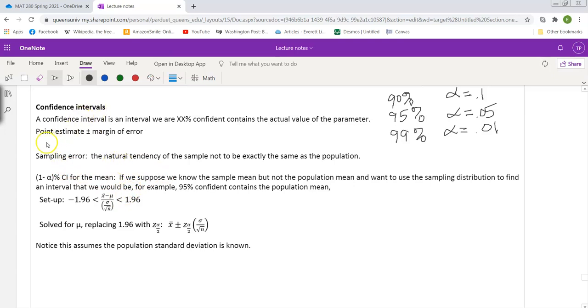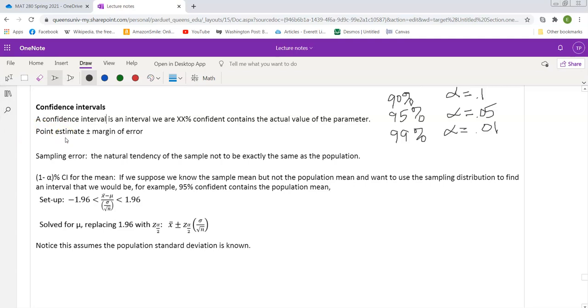So confidence intervals are constructed as the point estimate, which is our best guess for the population quantity, the parameter, plus or minus some margin of error. So the point estimate for the population mean is going to be the sample mean.